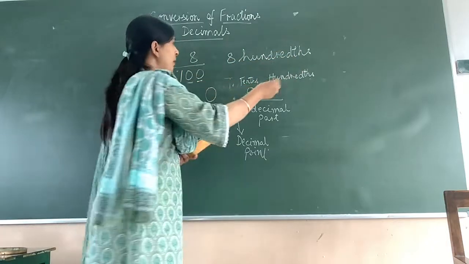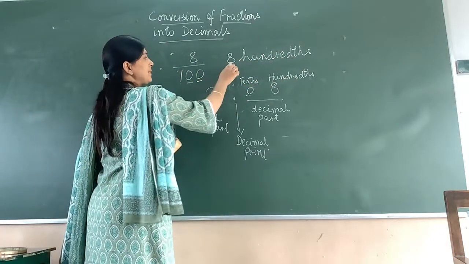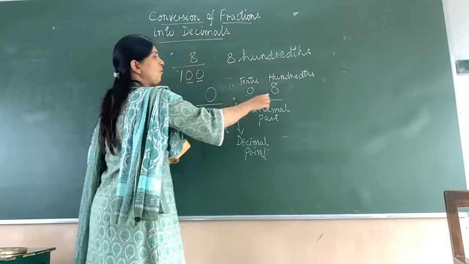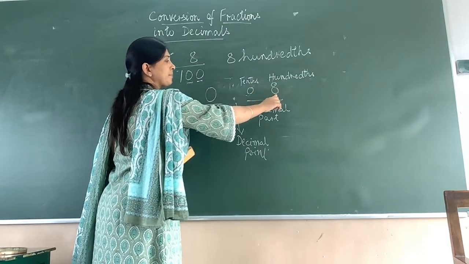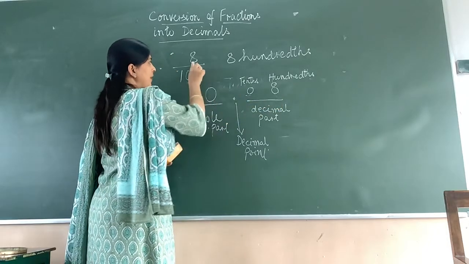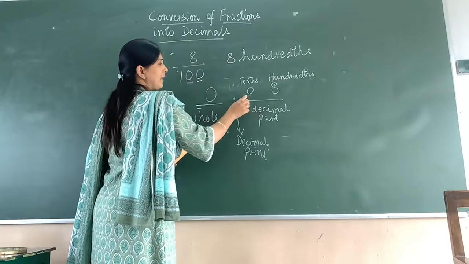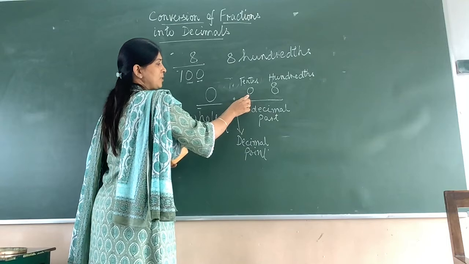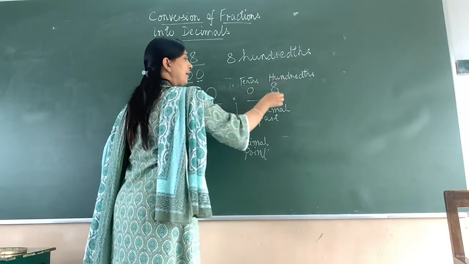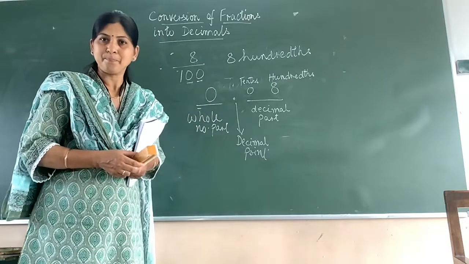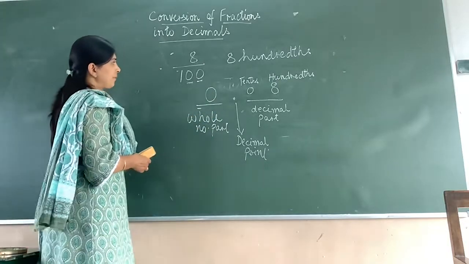So 8 hundredths means 8 will come in the hundredths place. That is why when I wrote this numerator 8, I left the tenths place empty, filled it with 0, and wrote 8 under the hundredths place. I am sure children you are understanding.